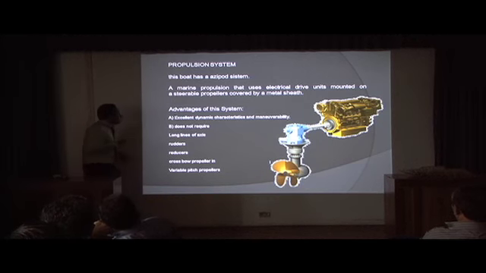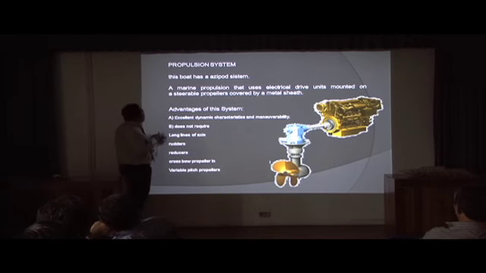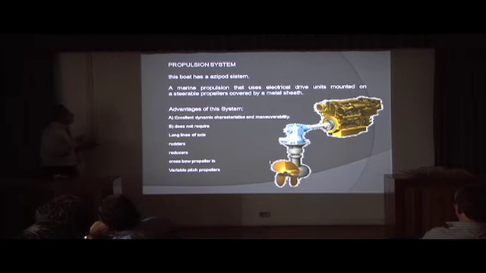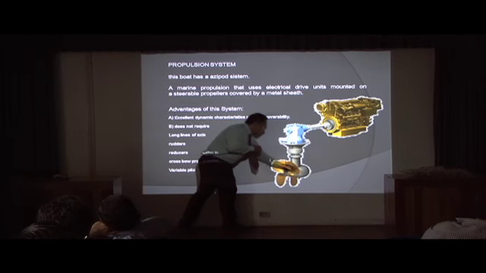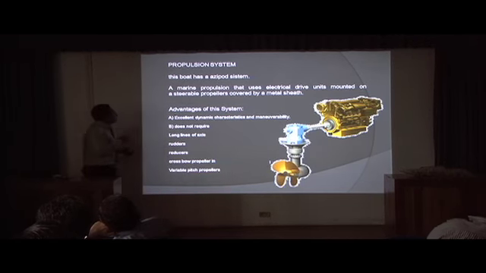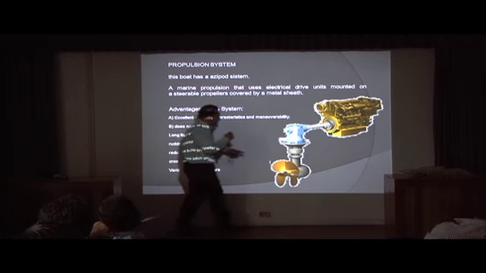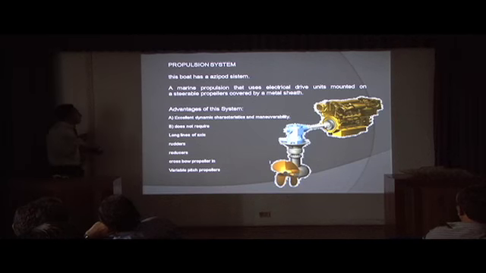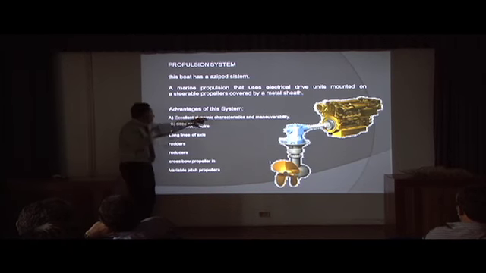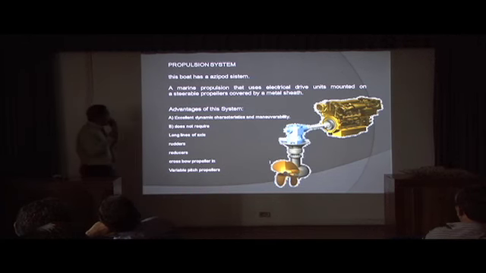Propulsion system. This boat has an azimuth system, a marine propulsion that uses an electrical drive unit mounted on a steering shaft with propellers covered by metal. Advantages of this system: excellent dynamic characteristics and maneuverability.